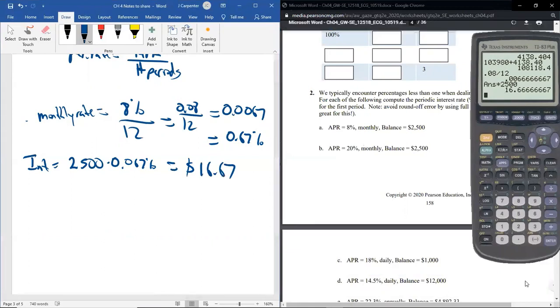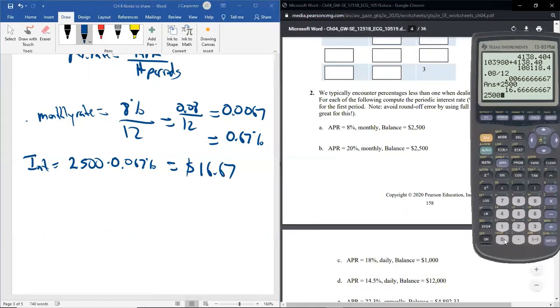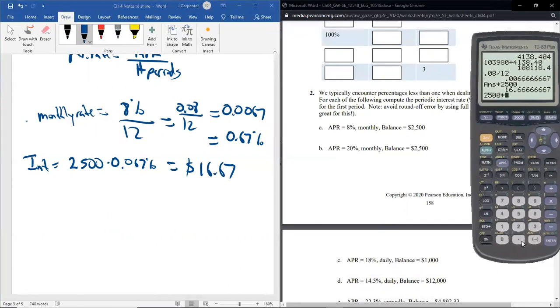If you don't trust me, here's me taking the 2,500 times the rounded answer I had, 0.0067. Let's see what that gives us. 16.75, a slightly different answer because we used a rounded value to calculate something. When you use rounded values, you create error propagation. Is it a big error?